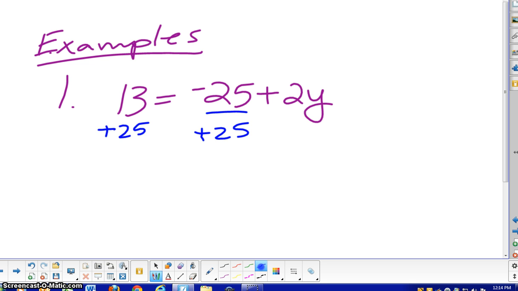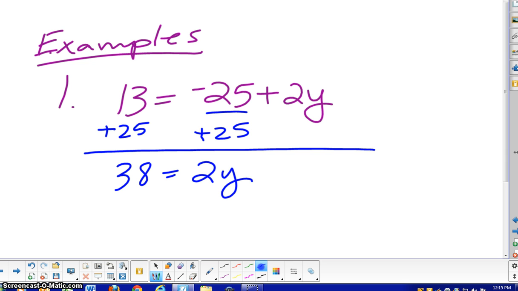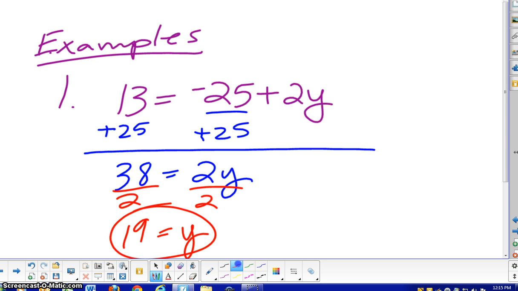I realize this is review, so if you want to fast forward to the answer, you may do so. We've got 38 equals 2y, and then we divide by 2. Hopefully you are getting 19 as the value for y.